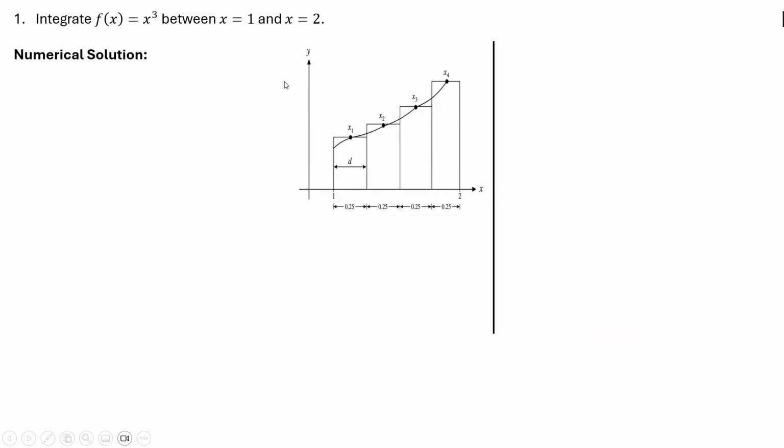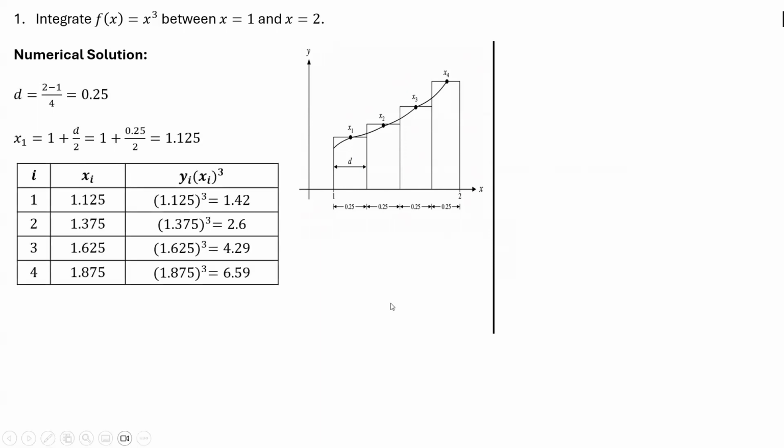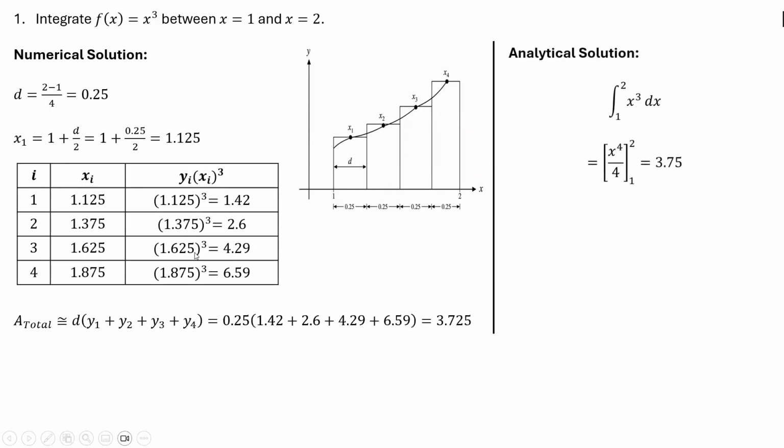Our numerical solution will be the height in the middle of all the rectangles multiplied by the width. The width is common in every term, so we take it outside, and if we take the summation of all the y's, we find that our total area will be the width multiplied by all the heights.